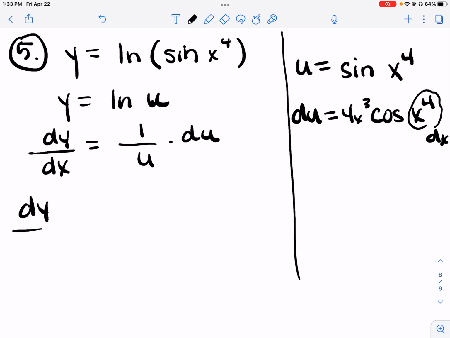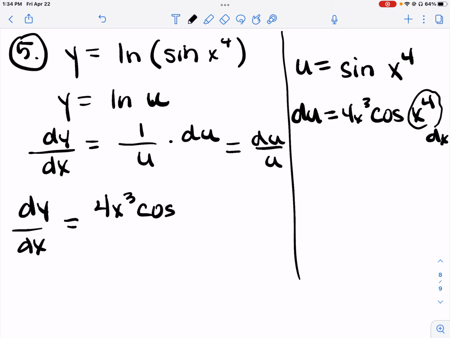So dy dx equals du over u. So du is 4x cubed cosine.